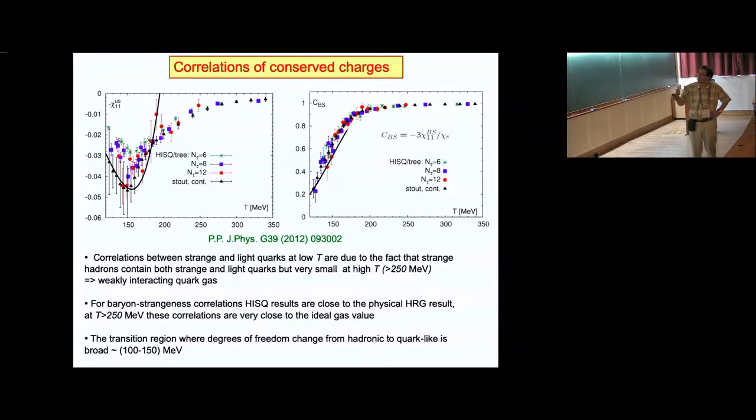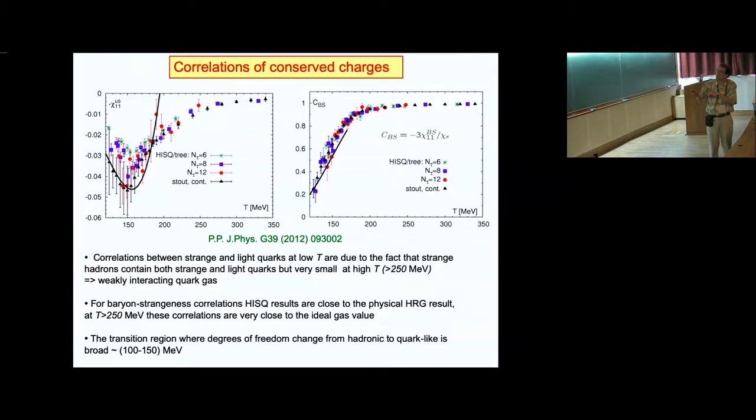The reason why you have this correlation between U and S quark at low temperature is because you have hadrons containing both strange and U quarks, and therefore they're correlated. And this pattern comes from the combination of baryons and mesons, and at low temperature, of course, the kaon is dominant.